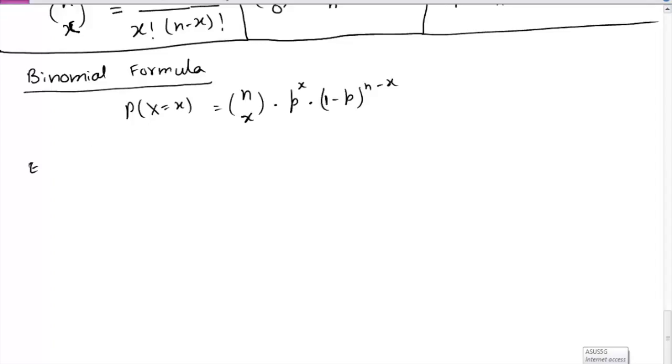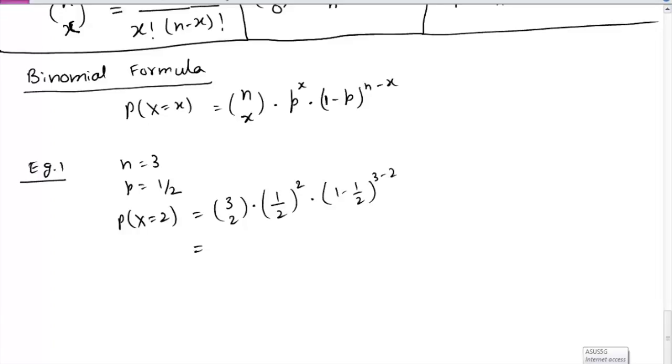If you use example 1, sample of size 3, and probability is half, 50%, and we are interested in x equals 2, if we replace the values in the formula and simplify, you get 3C2, which we calculated earlier is 3, times half squared times half, so it becomes 3 times half to the power of 3, which is 3 by 8.